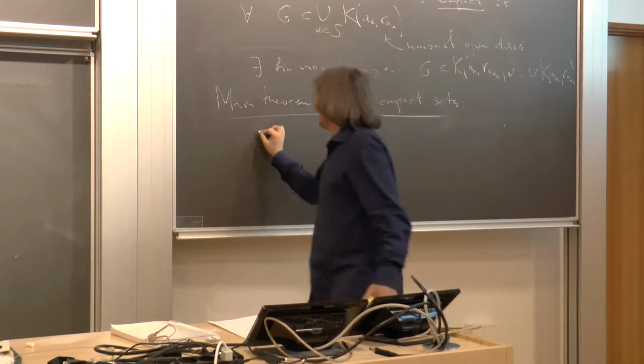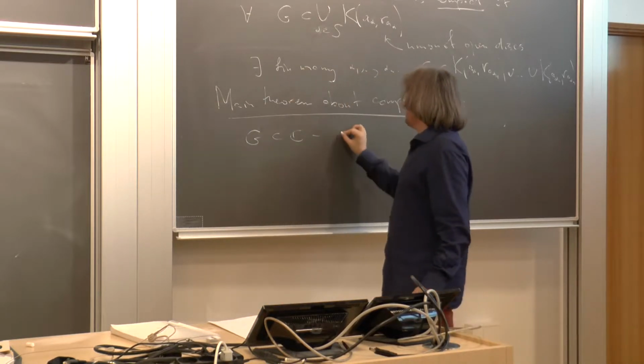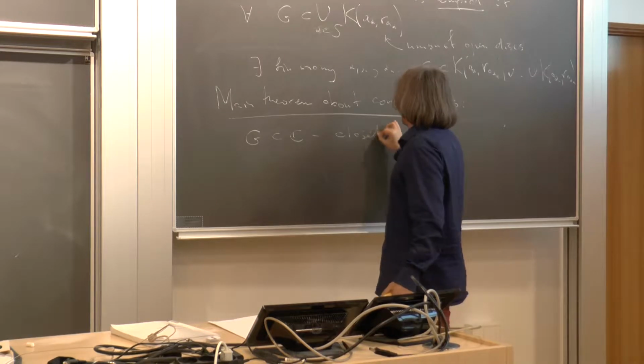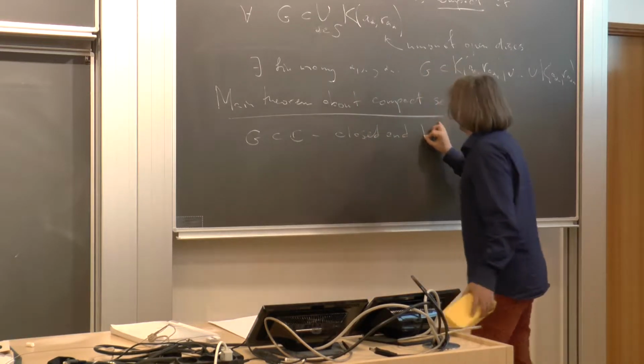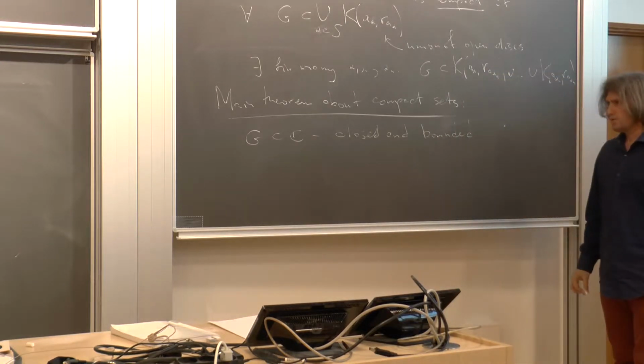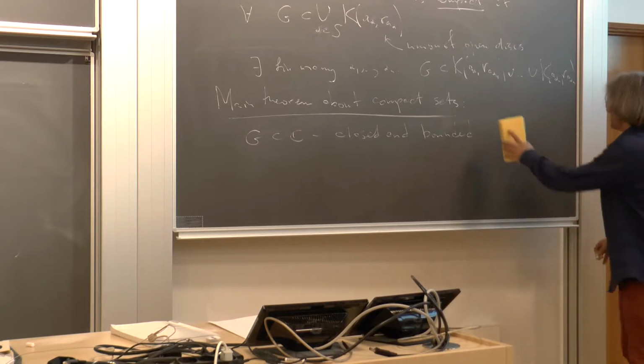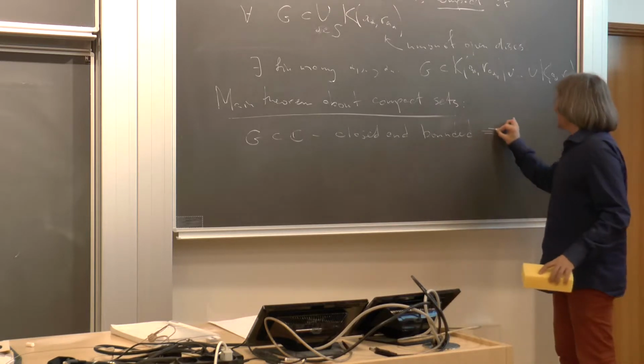Let G in complex numbers be closed and bounded. So closed in metric sense and bounded also in metric sense. Then G is compact.